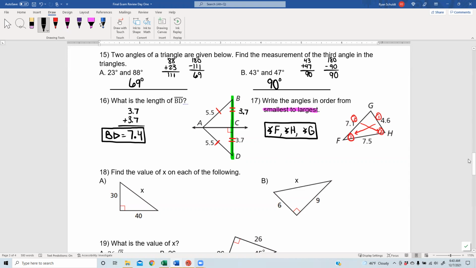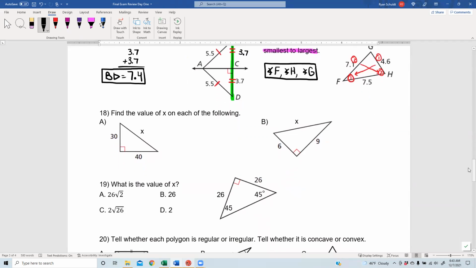Okay, 18. Find the value of X on each of the following. Looks to me like this is a Pythagorean theorem, because we've got a right triangle right here. So where's your C? Your C is always across from the right angle. 30 squared plus 40 squared equals x squared. 30 squared is 900. 40 squared is 1600.